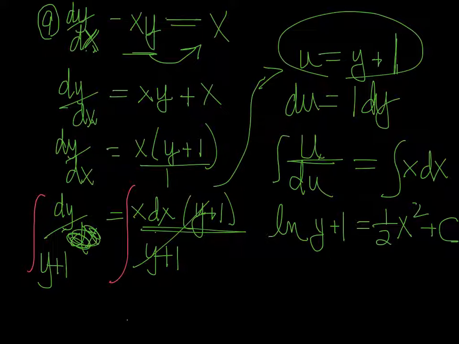All right, so now from here, I'm going to e both sides, so that way I can get rid of the ln. So if I e this side and I e this side, now remember I'm eing all of that. Okay, the ln's going to cancel out, and then on the left side I'm going to be left with y plus 1 equals.